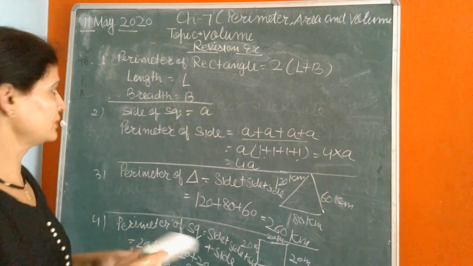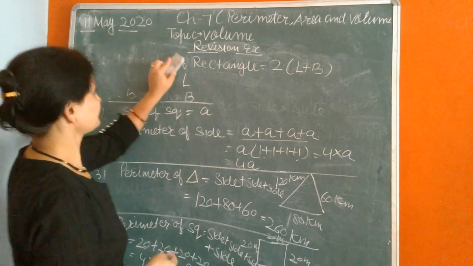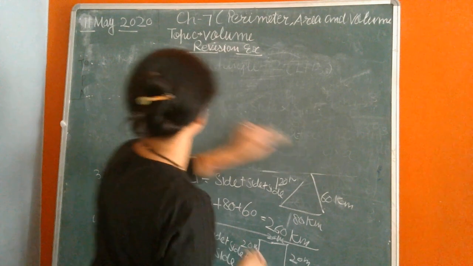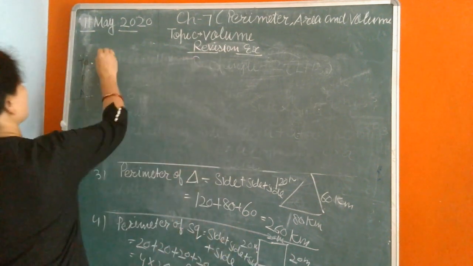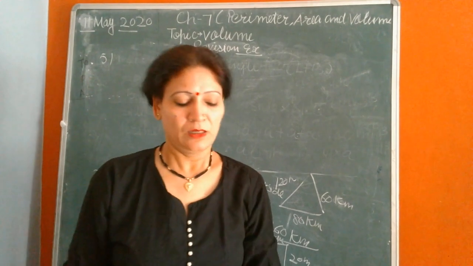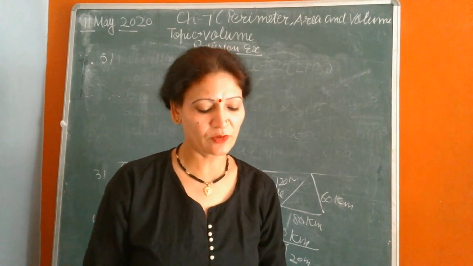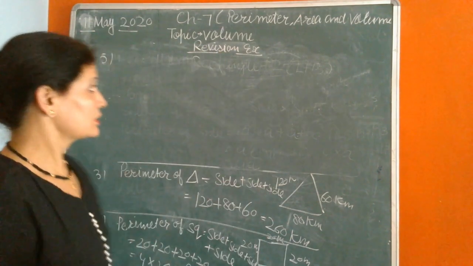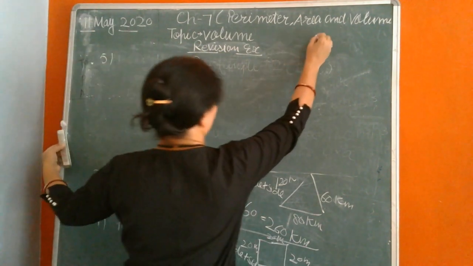Now question 5: find the perimeter of an equilateral triangle whose side length is 50 centimeter. What is an equilateral triangle?